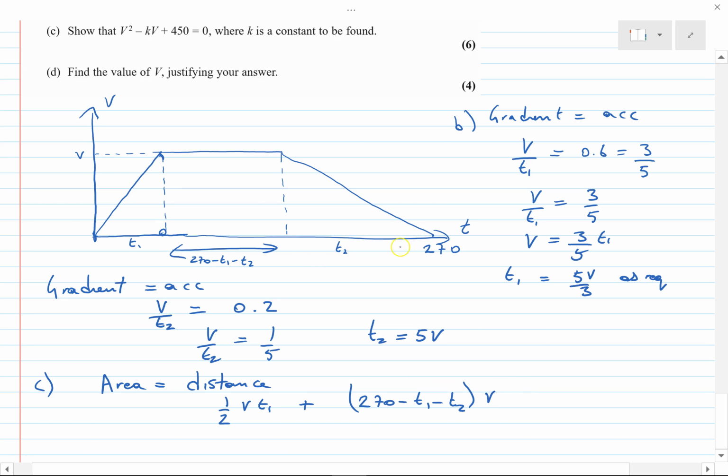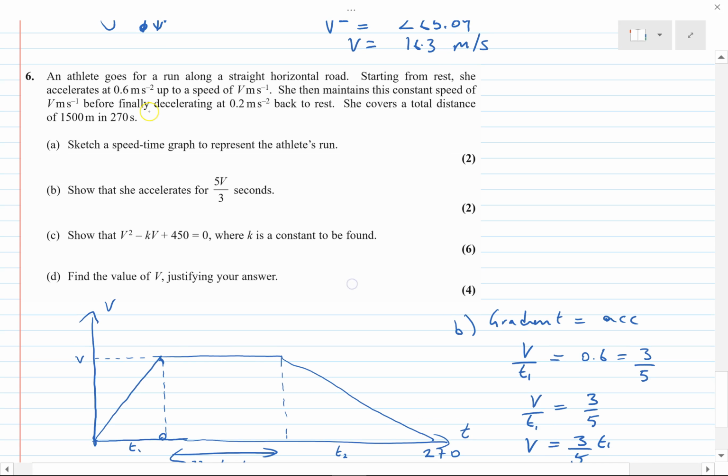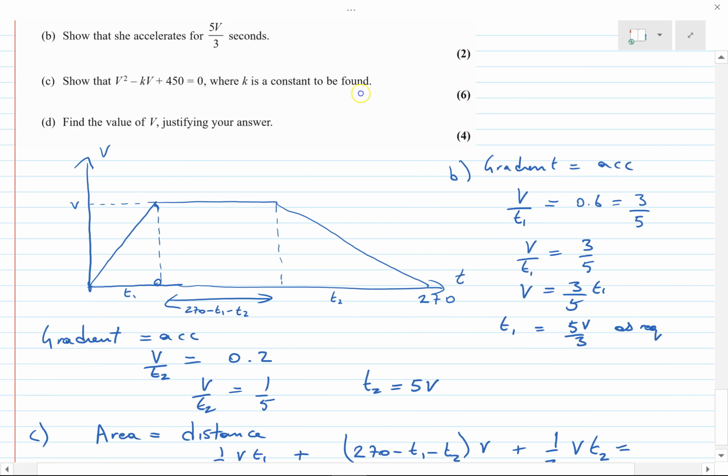And then this triangle here will be half v times t2. And that equals the distance it travels, which is 1,500 meters.